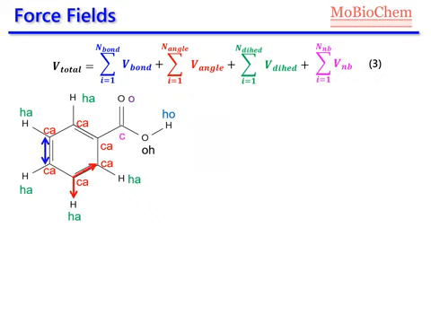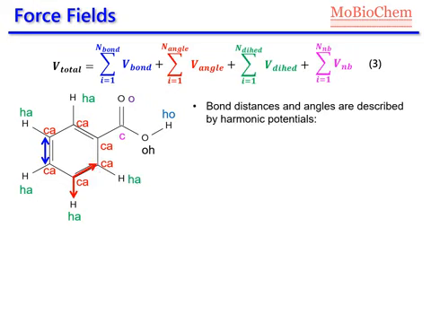Okay, let's focus first on the bond and angle interaction. So we will focus on this kind of interactions between atoms which are directly bonded, and also the interactions between 2 atoms which are separated by two bonds. So in these 2 situations, we usually use harmonic potentials. So the potential energy of the bond will be 1/2 multiplied by a force constant and then the square of the separation minus the equilibrium distance between the atoms.